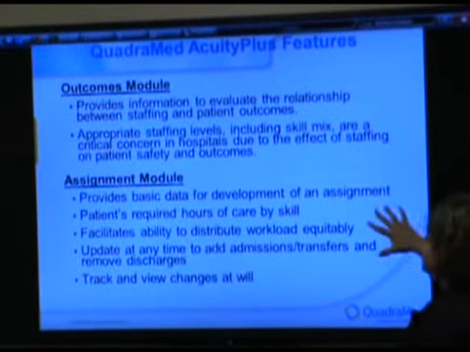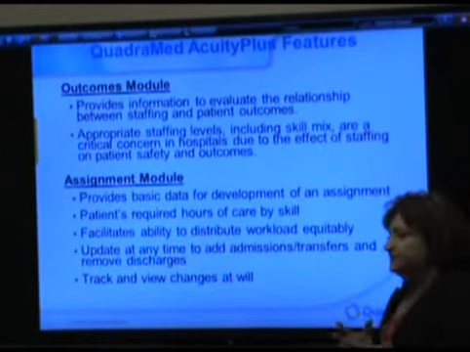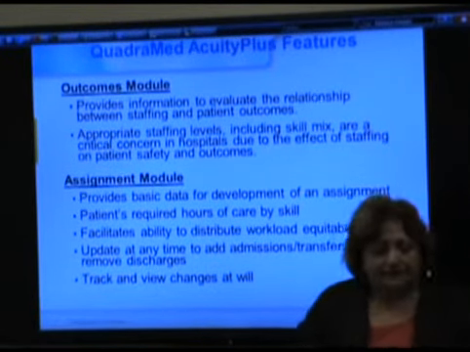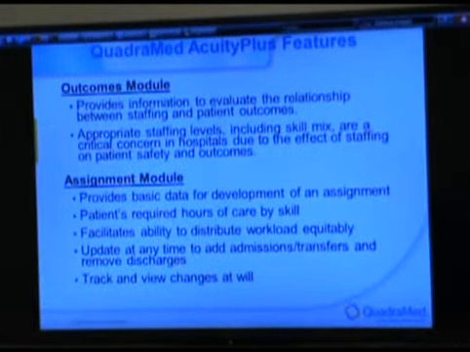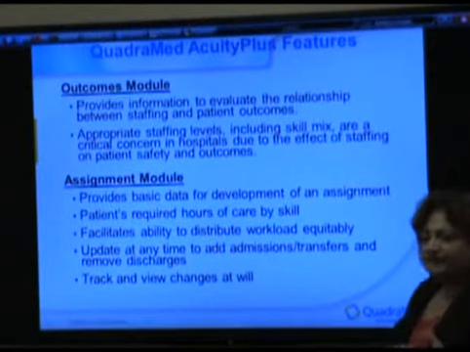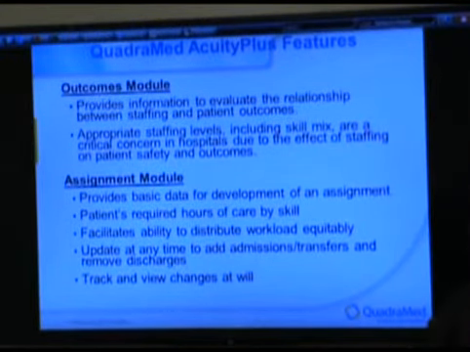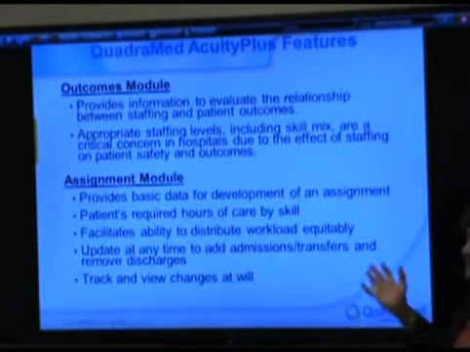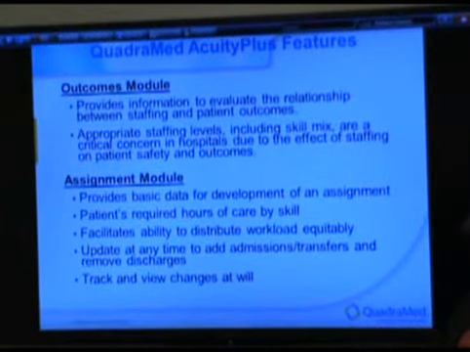The assignment module is kind of a neat little tool, and I always have staff utilize this during an implementation. The assignment module will take all of your patients that you've classified, and it will balance your assignment based on workload. So what do you think happens if we balance an assignment based on workload?